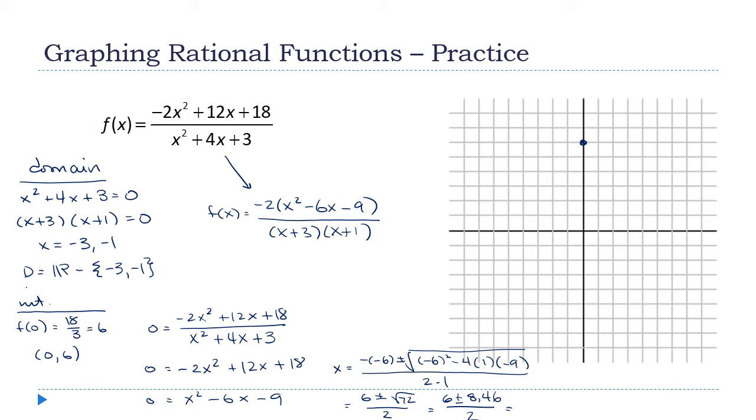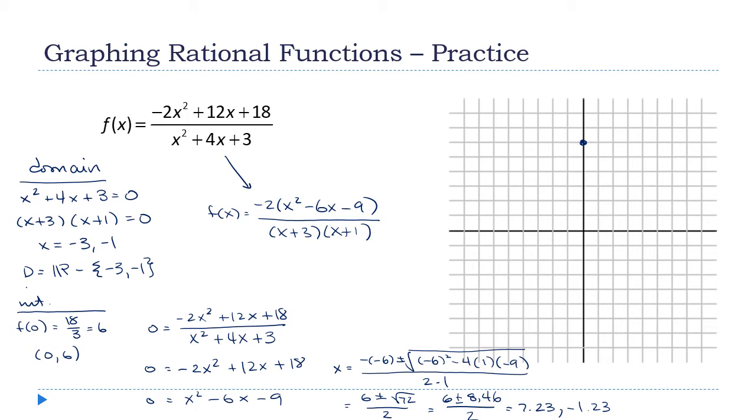So now you have to do this twice. 6 plus 8.46 divided by 2 gives you 7.23, and 6 minus 8.46 divided by 2 gives you -1.23. So there are my x-intercepts.